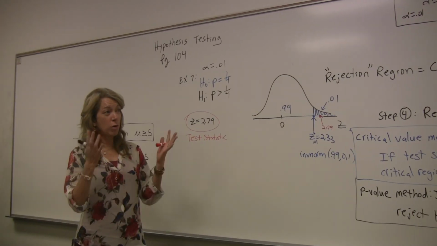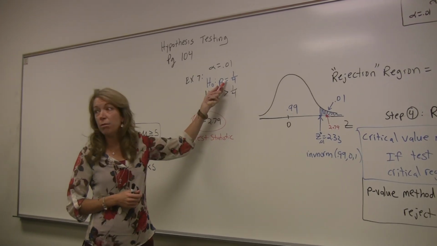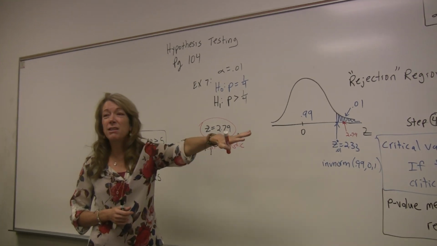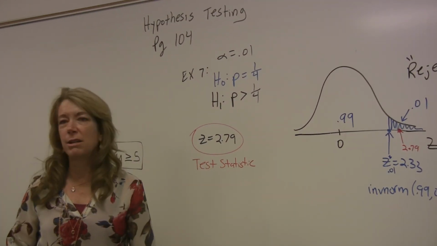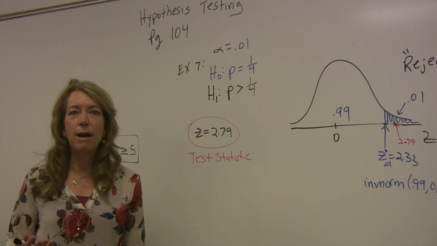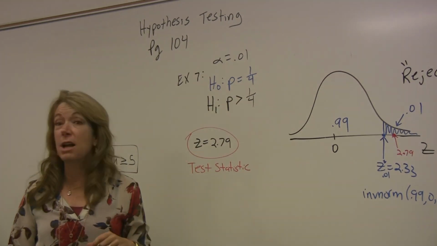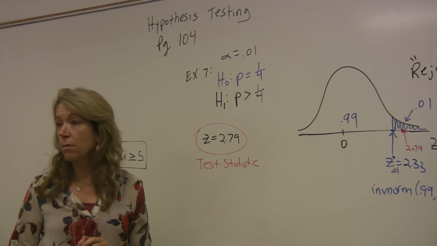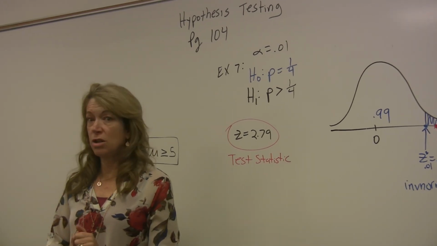If the proportion really was 1/4, there's a 0.0026 chance that we would have gotten our results. Something really rare happened, so maybe that assumption was not true, so we're rejecting it. Question.